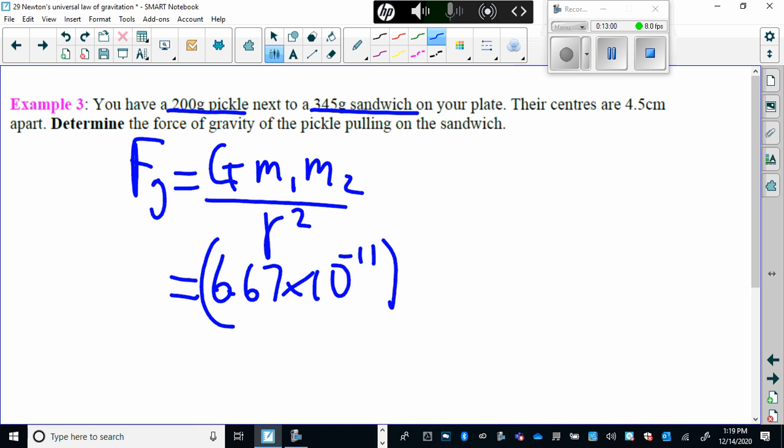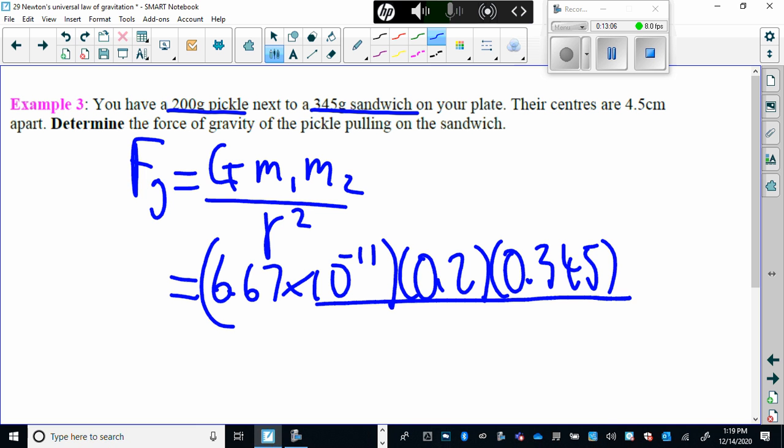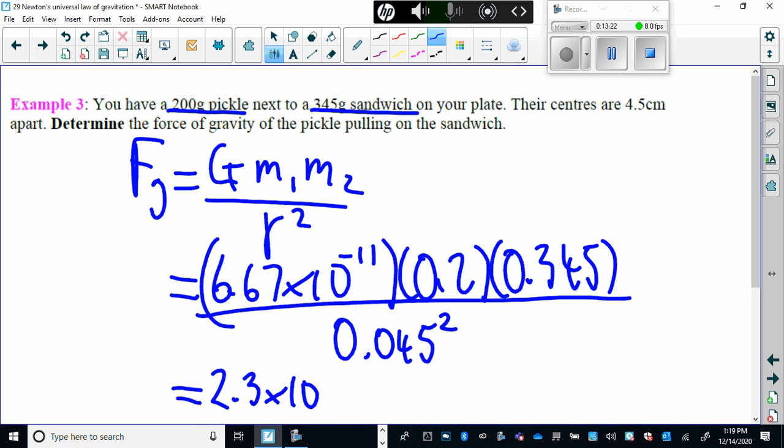Make sure that you change the masses to kilograms, change the radius to meters, and square that radius. Make sure you plug it into your calculator correctly, and you will end up with a value of 2.3 times 10 to the negative 9 newtons. So that's how much gravitational force there is attracting the pickle to the sandwich.